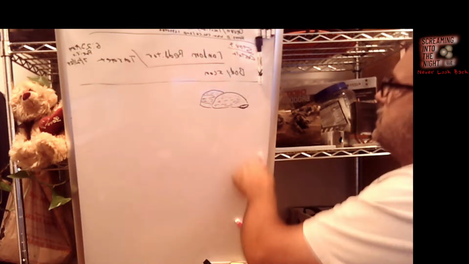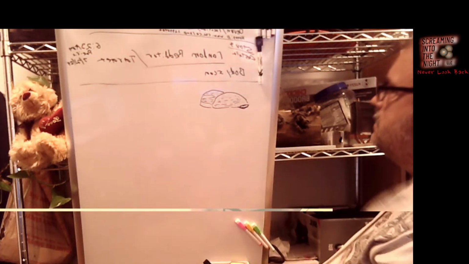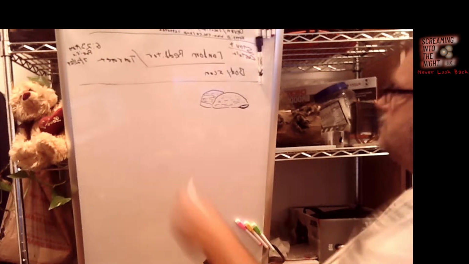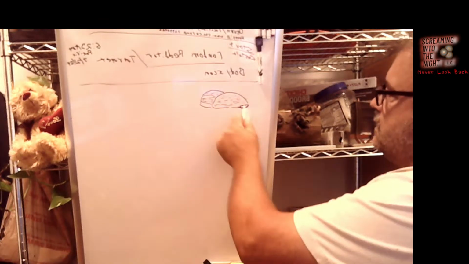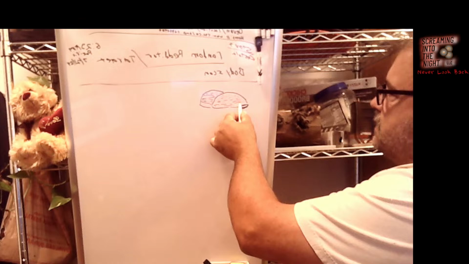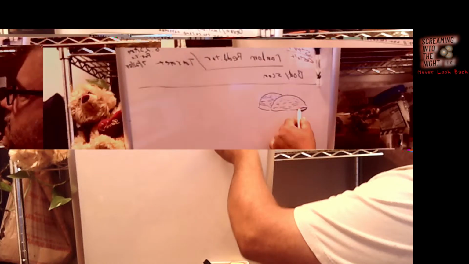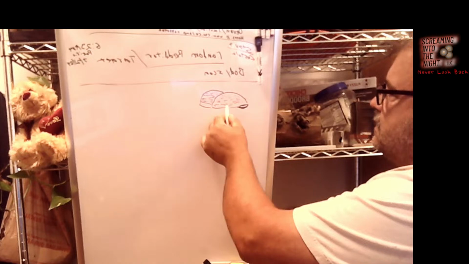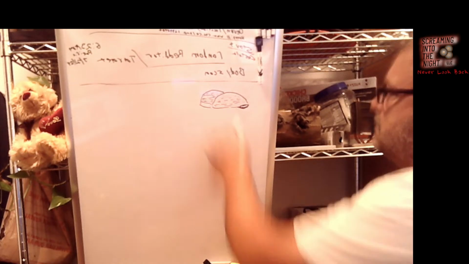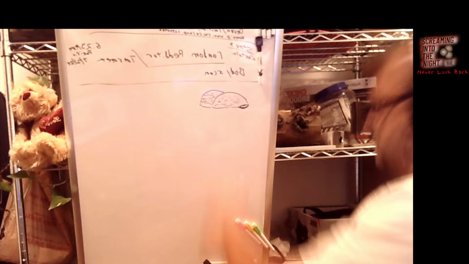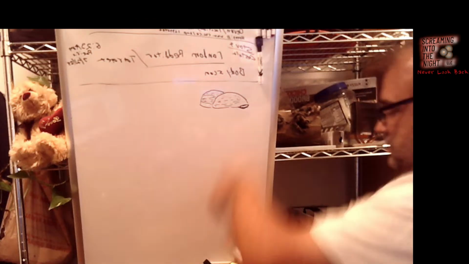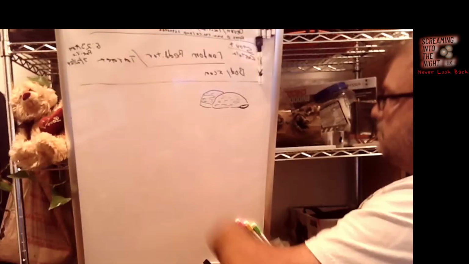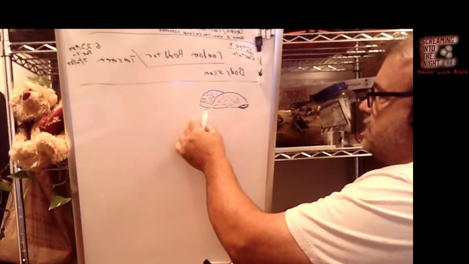There's an issue. The issue back here, I don't know what this is. If I got the right lobe. So this would be eyes on this bad boy.